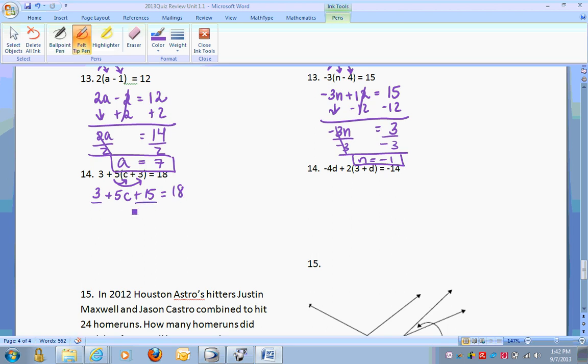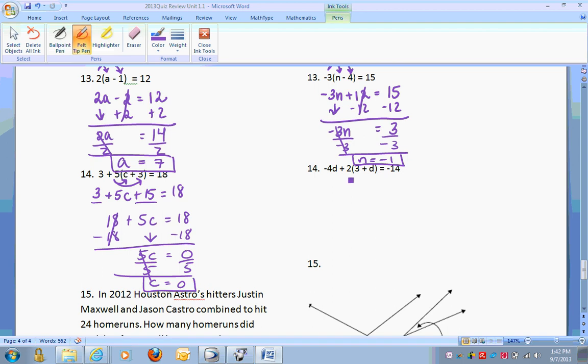The 3 and the positive 15 become positive 18 plus 5c equals 18. Now I subtract 18 from both sides. Bring down the 5c, and 18 minus 18 is 0. Divide both sides by 5, and c equals 0 divided by 5 is 0.